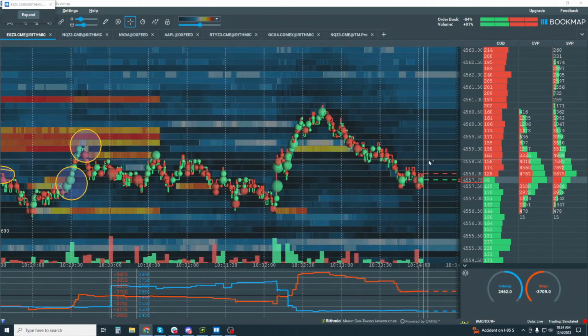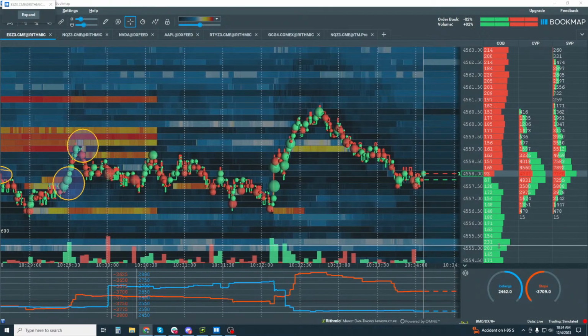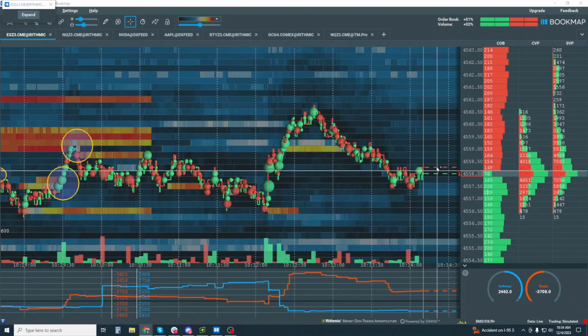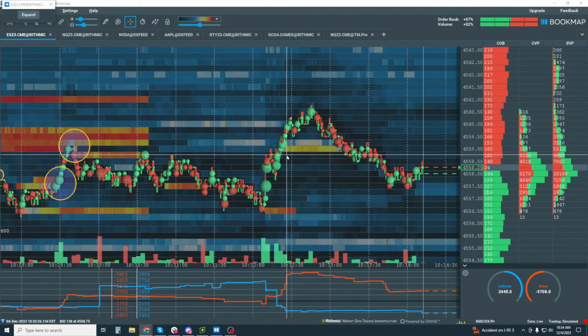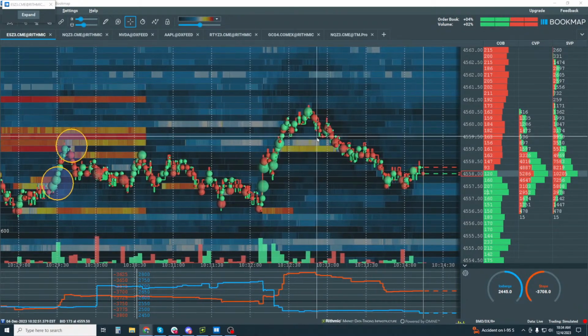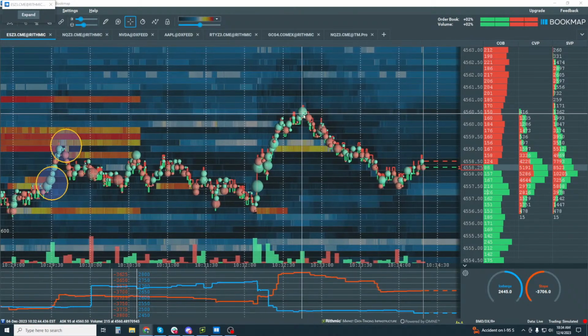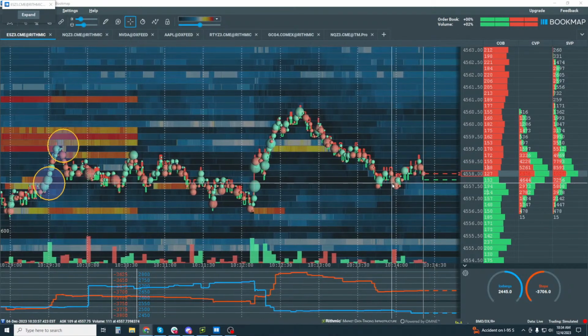Okay, so now Rob, let me go further into analysis on a flag pattern, or a continuation pattern, a momentum pattern, what we're looking for. So we have pretty good momentum here, but the pullback has been strong.